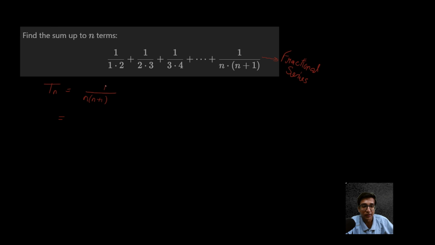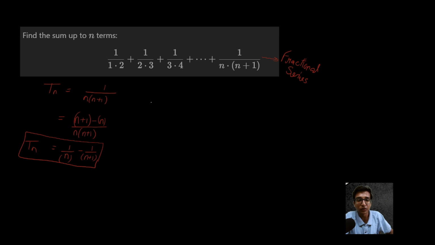So this 1 in the numerator can be written as n plus 1 minus n. If we solve this out, n and n get cancelled and 1 remains, right? So this was just to simplify and divide it into two terms. Now there is a minus sign here, we can divide it into two separate terms. So this would become 1 by n minus 1 by n plus 1. So we have successfully been able to divide any term of this series into two, one positive and the other negative.